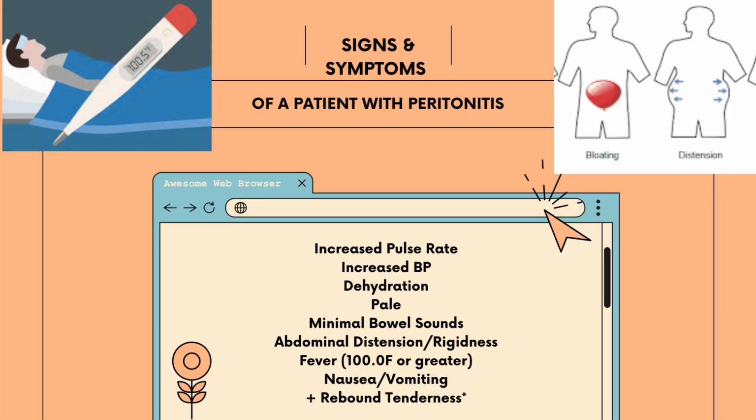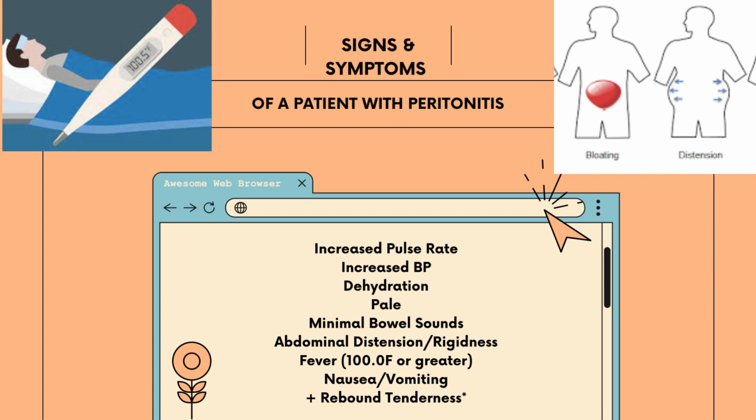Signs and symptoms of peritonitis include increased pulse rate and increased blood pressure, dehydration, pale colored skin, minimal bowel sounds. And now we're getting to the signs and symptoms that are pretty classic for this disease, which include abdominal distension and rigidness. So the patient will complain of a lot of abdominal pain and their stomach will be tight or taut to the touch.